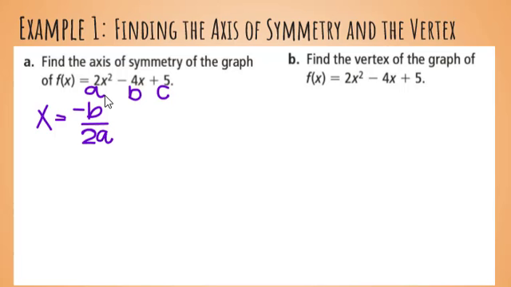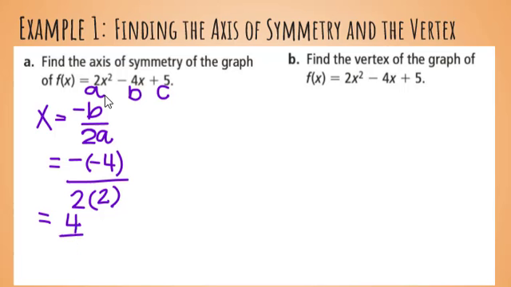So we're going to plug in our a and our b values into this formula. So I have negative, and then I'm plugging in b, which is also negative. So this is going to become negative 4 over 2 times a, which is 2. So negative cancels, so this becomes positive 4 over 2 times 2 is 4. So this is going to simplify to x equals 1.